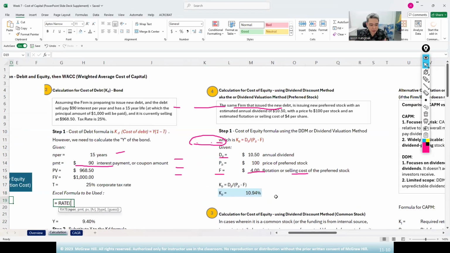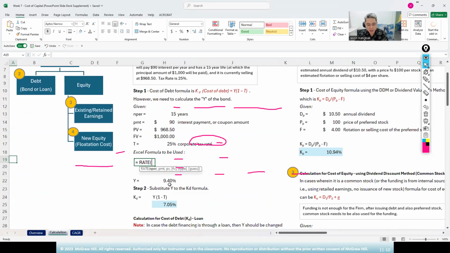If I issue the bonds, it's 9.4, but for preferred stock, we always say that in most cases, the cost of equity is higher, cost of debt is lower. It mimics that theory here, right?